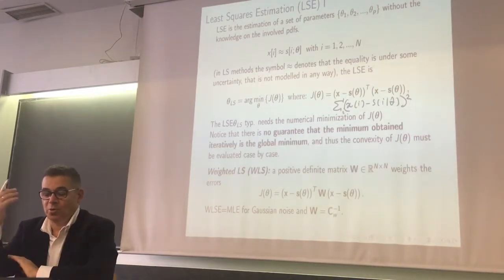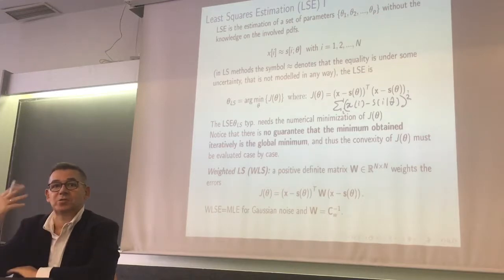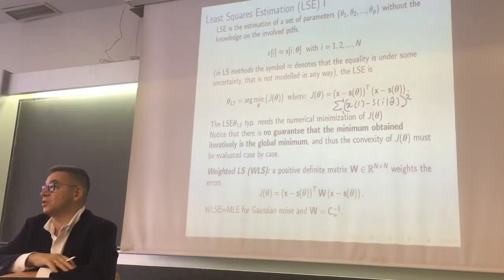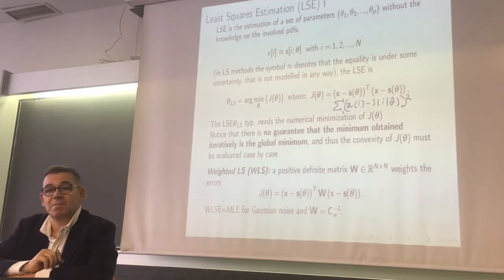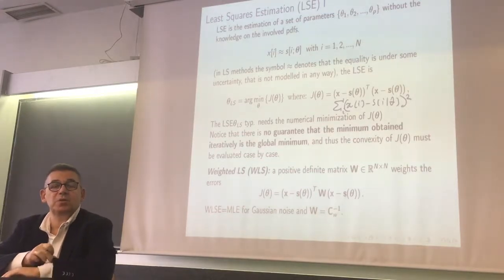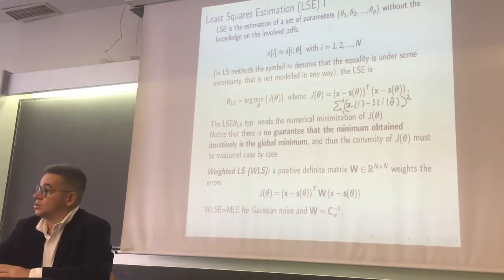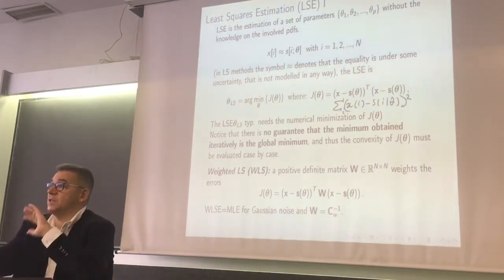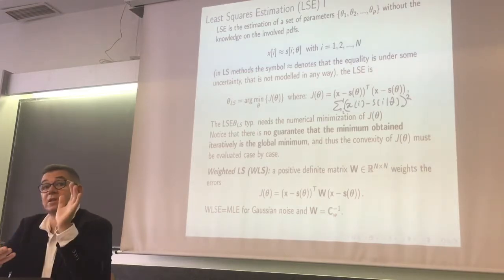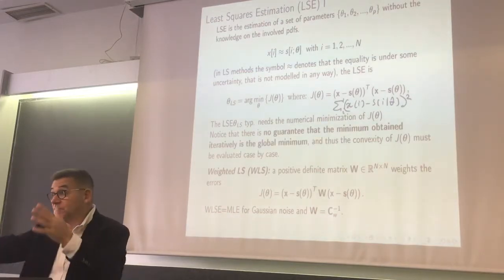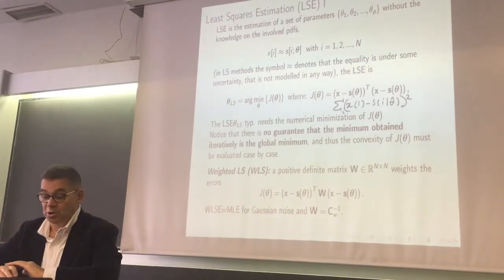Now, so what is a least square? Essentially, more than an estimator, it is a numerical procedure. Because in many settings, since we are not using any stochastic model describing what is the noise, what is interference, this is the first sight method, which is the first method that you implement when you don't know anything.